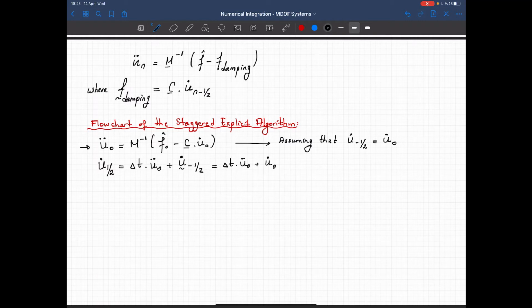Again, I'm assuming that the velocity at minus 1/2 is equal to the initial velocity.